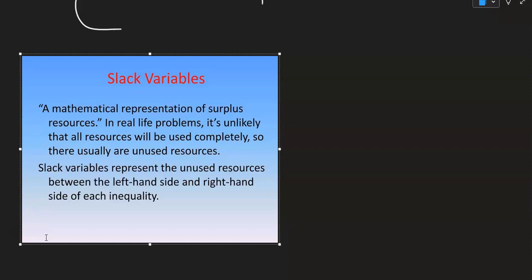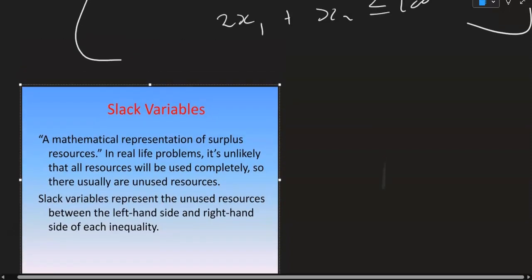You had intended to use all these things to bake this cake, but in real sense, usually there are these leftovers, and these leftovers are what we are calling slack variables.